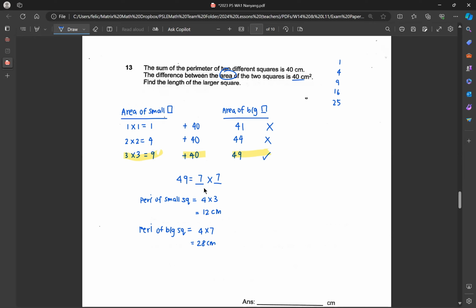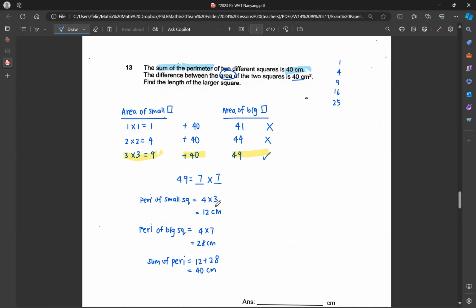Now let's check. We want the sum of perimeters. If you look back at this, the sum of perimeters will be 40 cm. So let's test that out. So sum of perimeters using the 12 and 28. If you check this, you realize that yes, indeed, it gives us a sum of 40 cm, which fulfills the condition here.